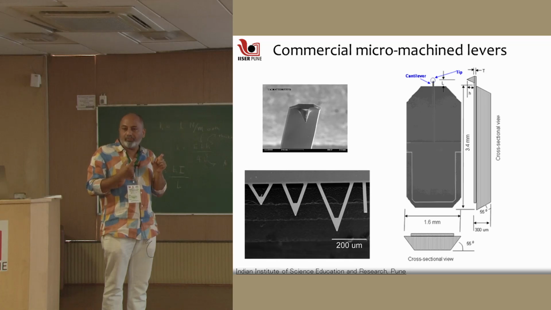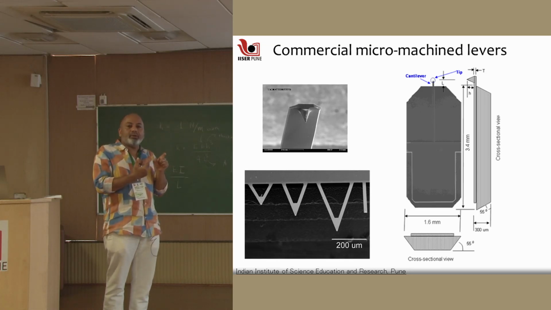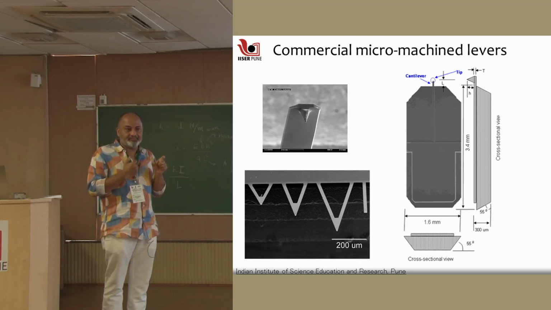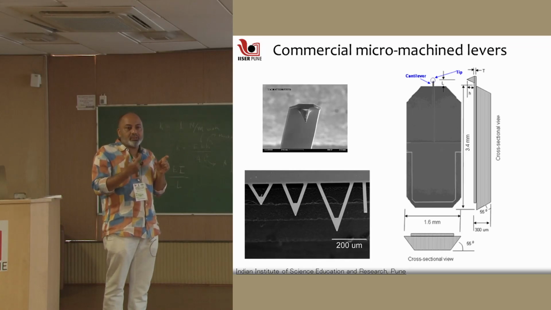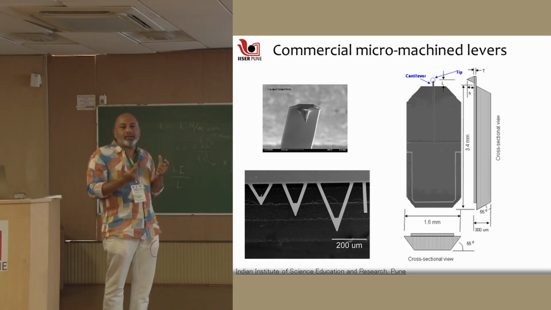The length of the cantilever now is close to the breadth of your hair. The breadth of your hair is typically 100 microns, which is about 0.1 millimeters, and so the whole length of the cantilever can now be brought down to 100 microns.